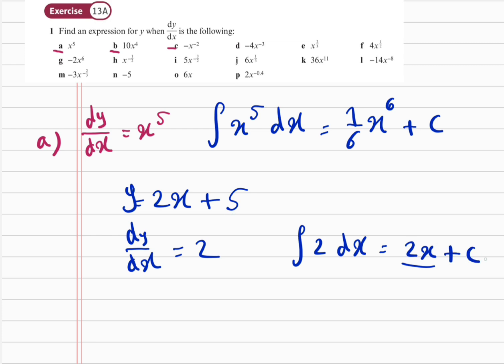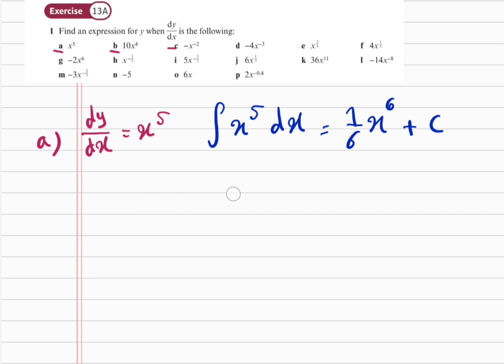That's why we also write this constant term here, just to account for that. But later on, we are going to discuss this in more detail. For now, just remember that this is how we do this. These are all going to make more sense in the next few exercises. For now, it's just an introduction to the method.